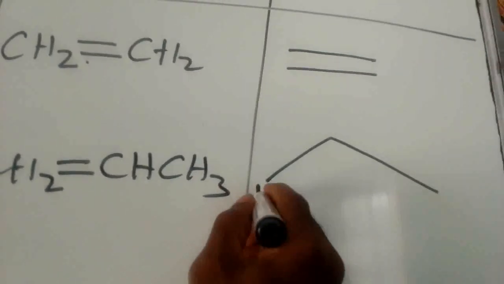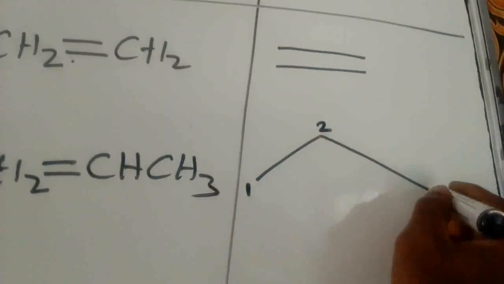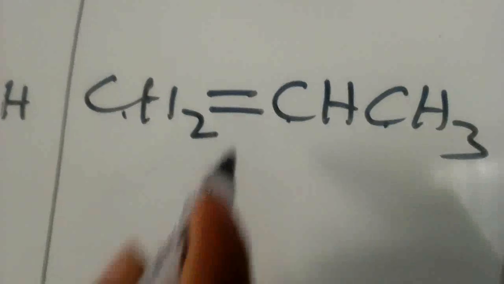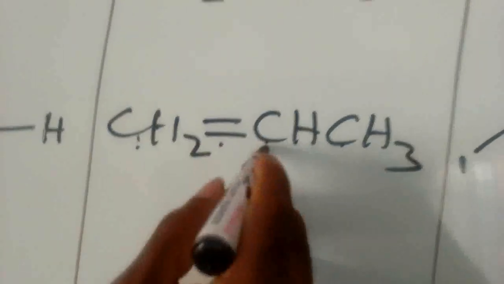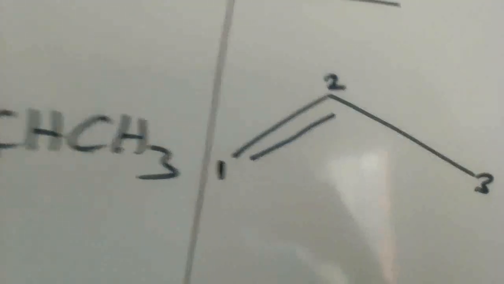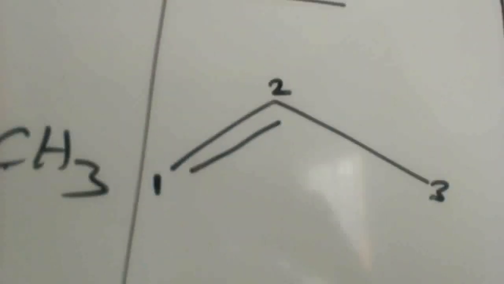I have this. Let's check whether it is right. 1, 2, 3. There are 3 carbon atoms. But there's a double bond. So between carbon number 1 and 2 here, I'll put the double bond there. So this is the skeletal structure of propene.